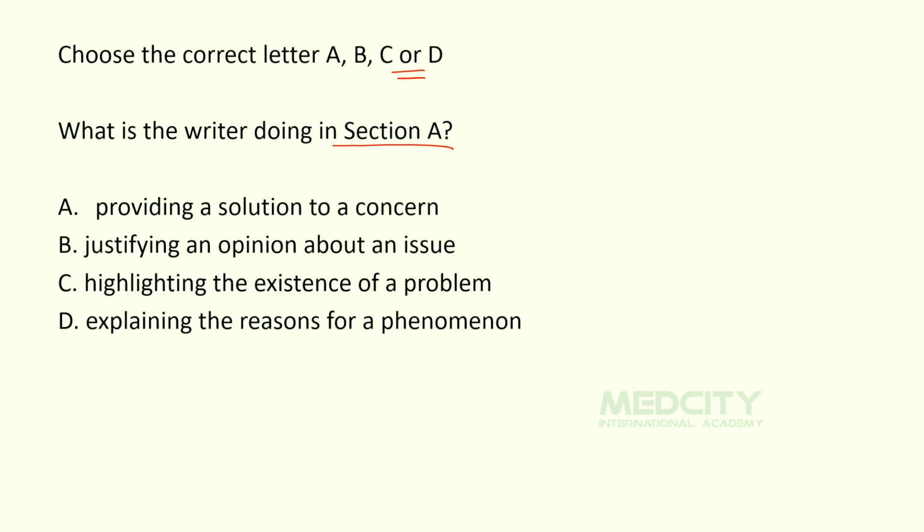You have to read section A, and whichever you understand as the right option from the given options, if you feel that option C is the right answer, then on the answer sheet against this question number, suppose this is question number 20, you will have to write C. That is how multiple choice questions work.